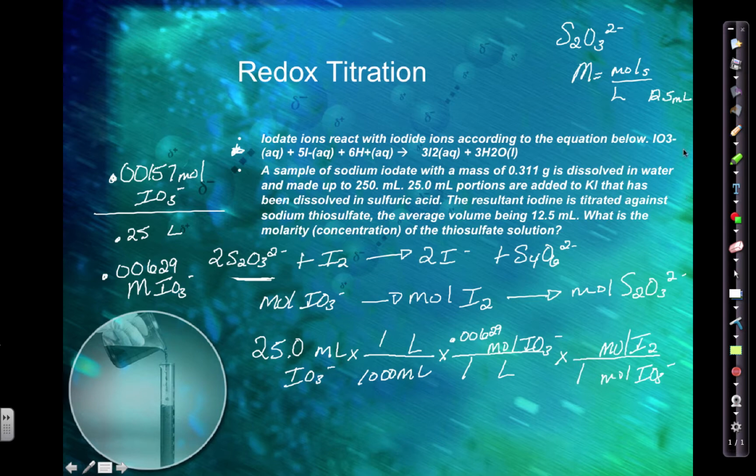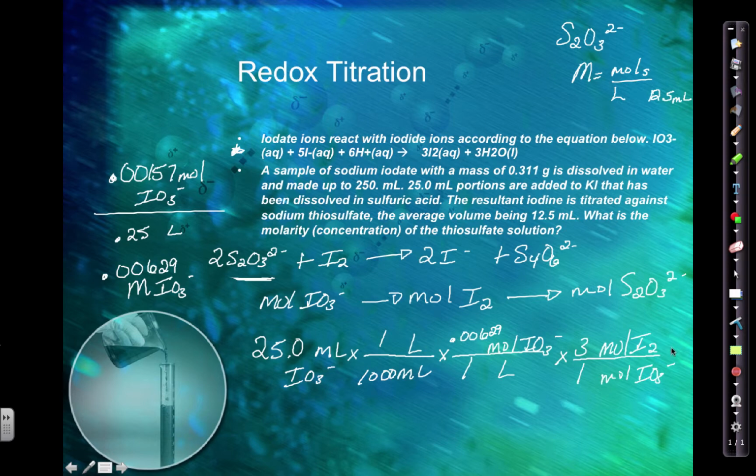So for every 1 mole of iodate, I'm going to produce 3 moles of iodine. All right, so now if I go through and calculate that, I could stop here, but if I'm actually in moles of iodine and I want to go to moles of a different substance, I can do that.